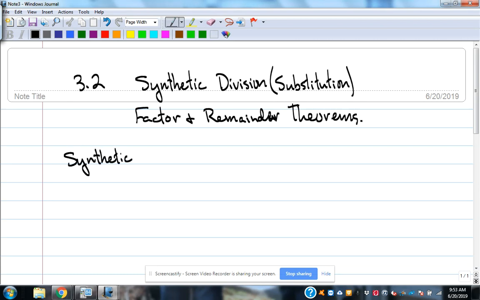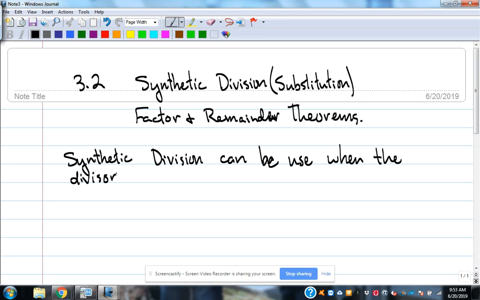And one thing that you've got to know with synthetic division is that it can be used when the divisor, what you're dividing by, is linear.